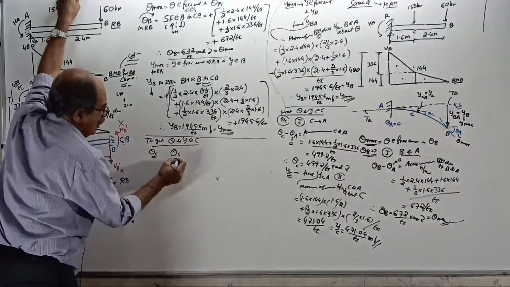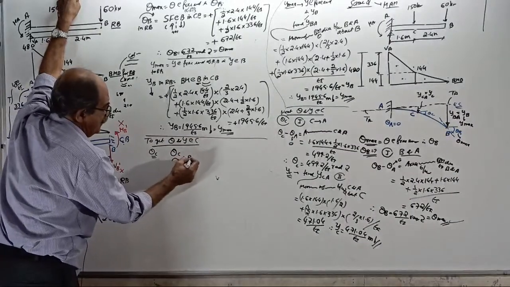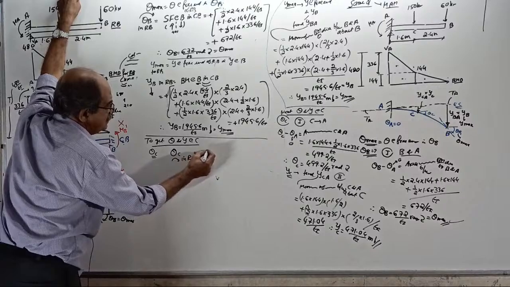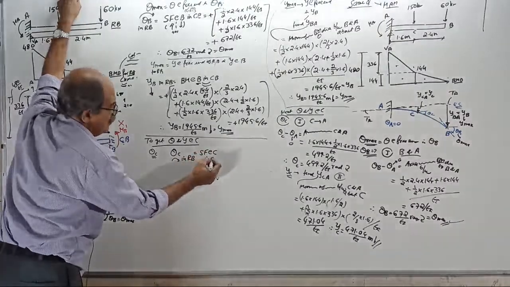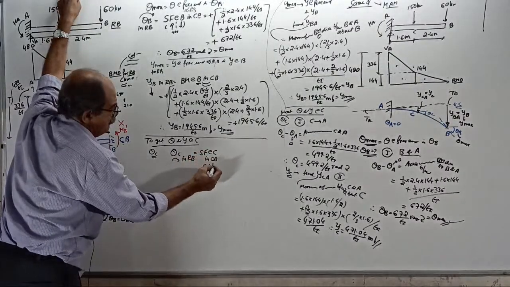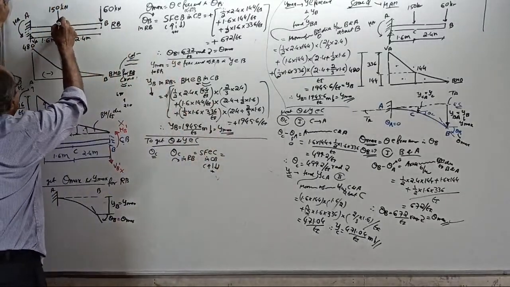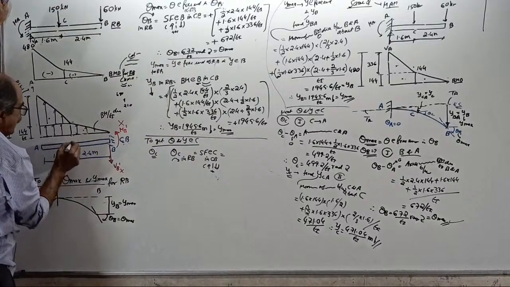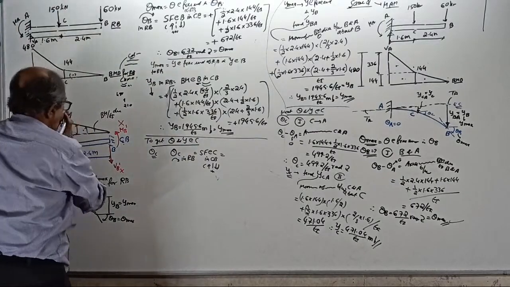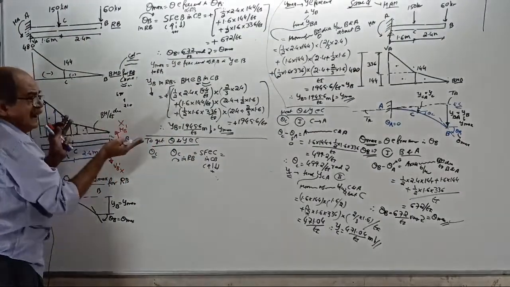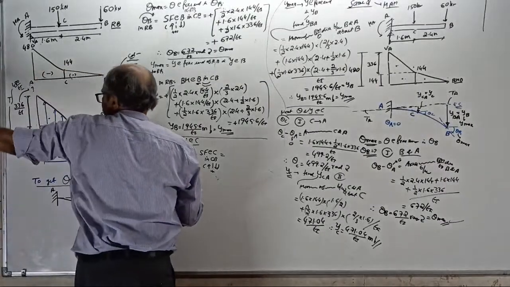Theta C clockwise in the real beam is equal to the shear force at C in the conjugate beam, left up, right down, positive. Slope here is shear force here. Don't look at this side, if you look this side reactions are required. Look at the free-hand side.